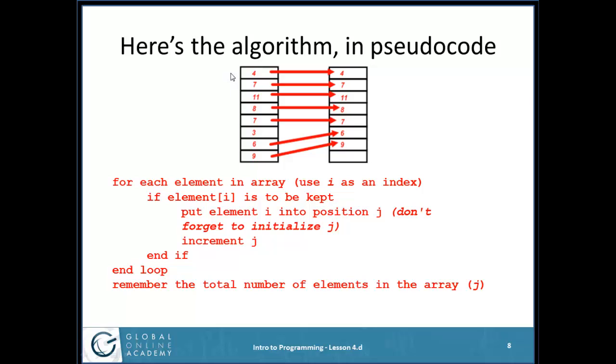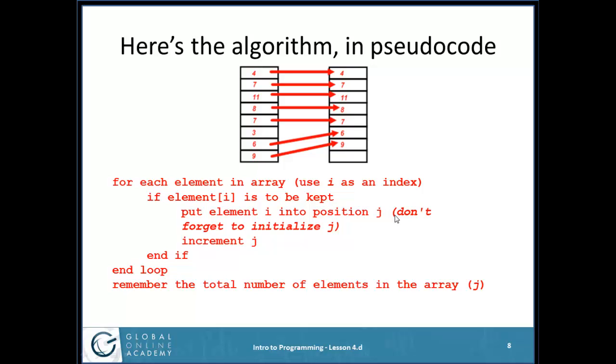So i is going to be going down this list of the original array. j is going to be going down this list, the positions that the elements will have after I've deleted the ones that I don't want anymore. So put element i into position j.